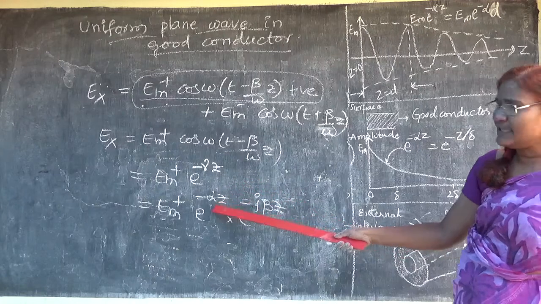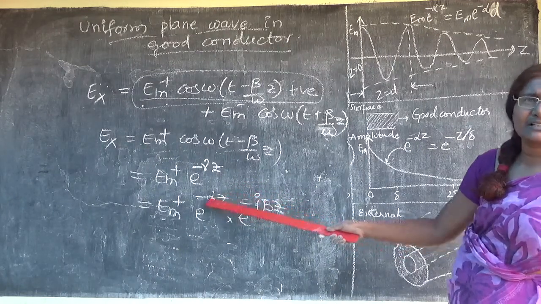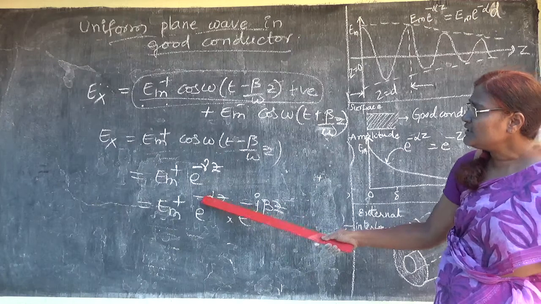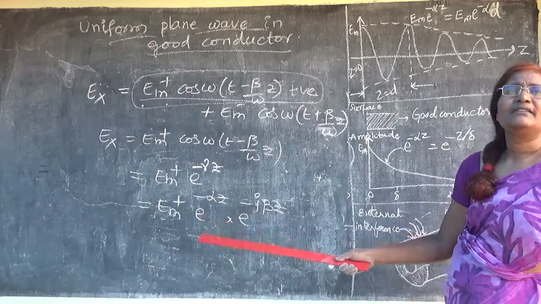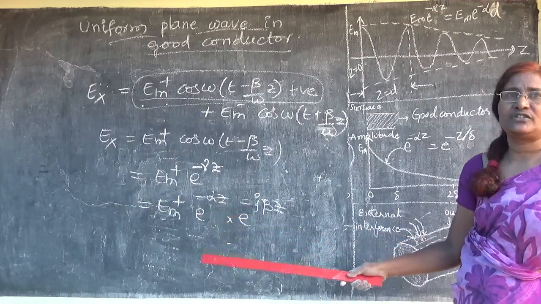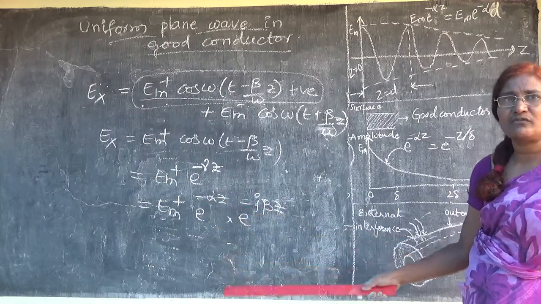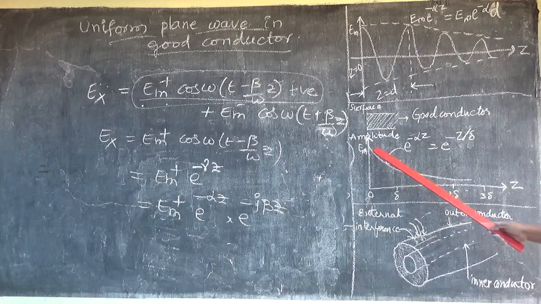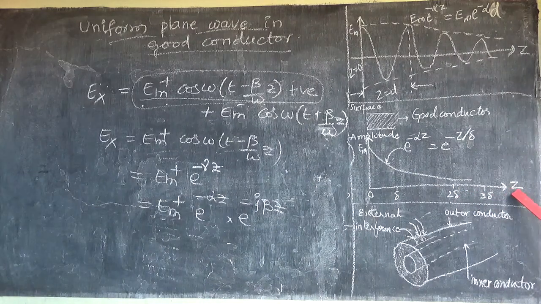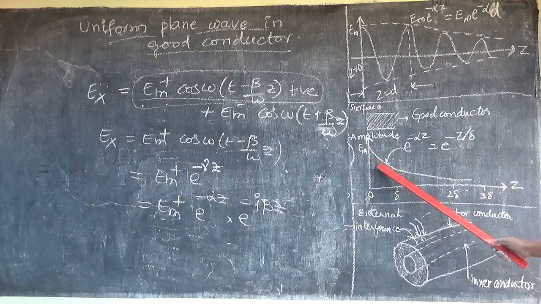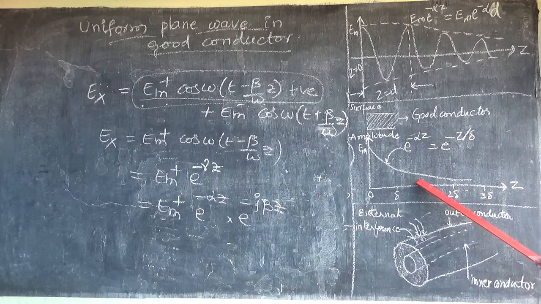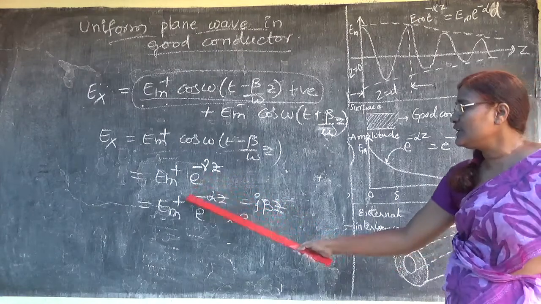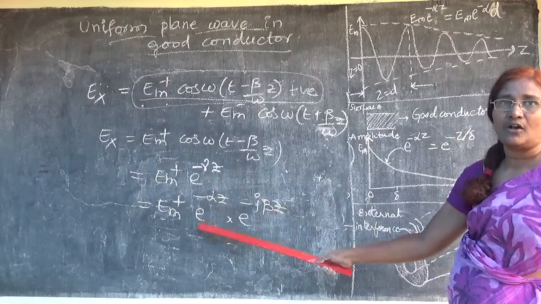When it travels a distance d along z, the attenuation is in a negative, decreasing exponential form. So it can be shown like this. As the distance along the z direction increases, the amplitude is going to be attenuated, and at the maximum distance it becomes 0. So the component shows exponential decay.